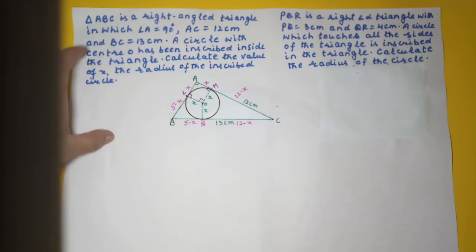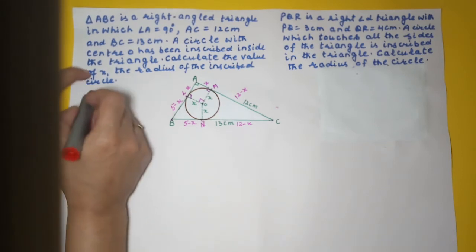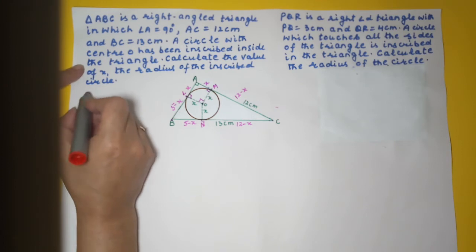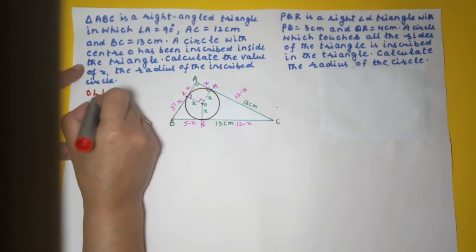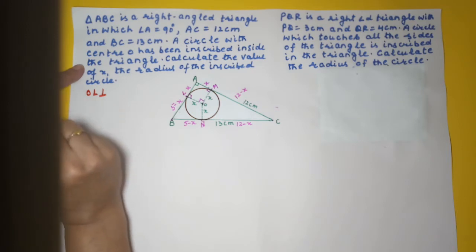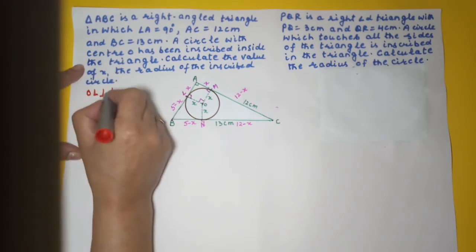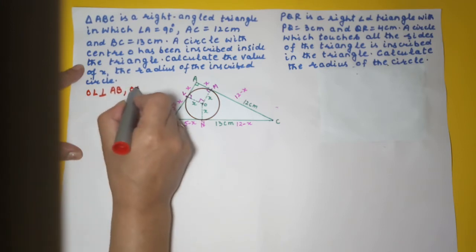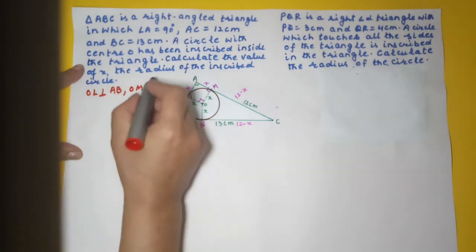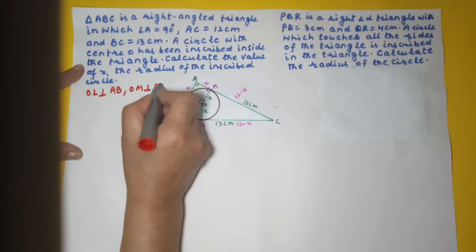Okay. Now let's write it. How will we write this? We will say that OL is perpendicular to AB and OM is perpendicular to AC.